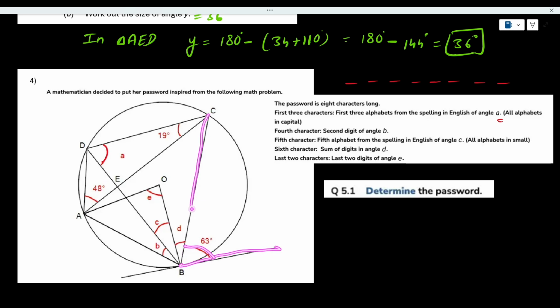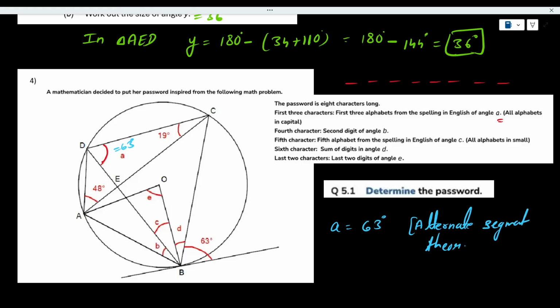So 63° is the angle between the tangent and the chord, and the angle made by the same chord in the alternate segment is equal. So angle A is going to be 63° using the alternate segment theorem, right? You should know which theorem we are using here: the alternate segment theorem.